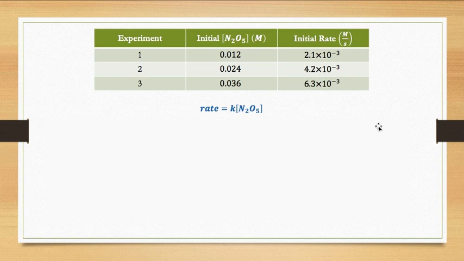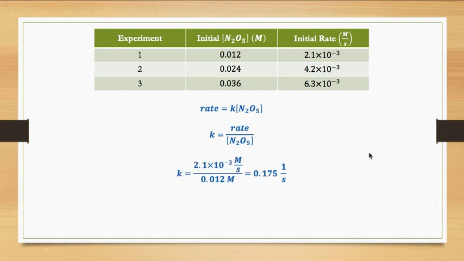But now it wants to know the value and units of the rate constant. So if we isolate the rate constant, it's equal to rate over the concentration of N2O5. And we can now go back and choose any of these 3 points, and they should all give us the same value. I can just plug in the initial concentration and the initial rate.